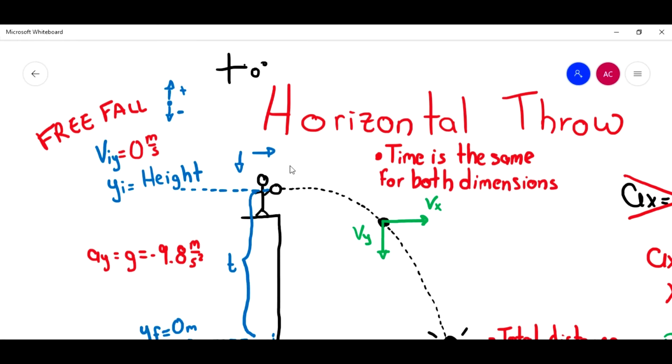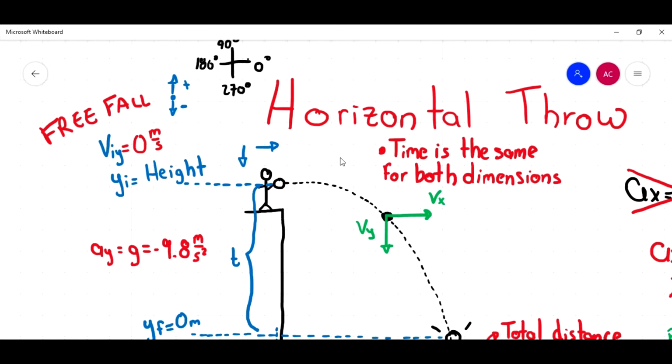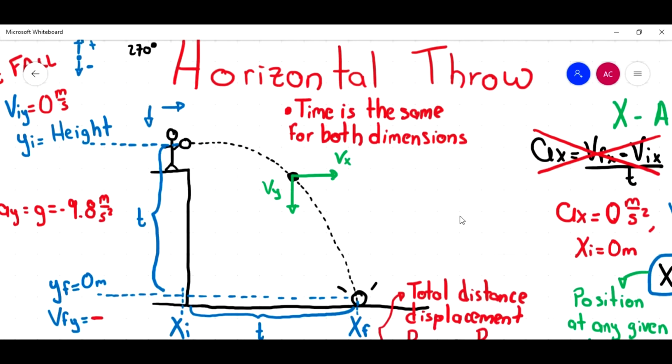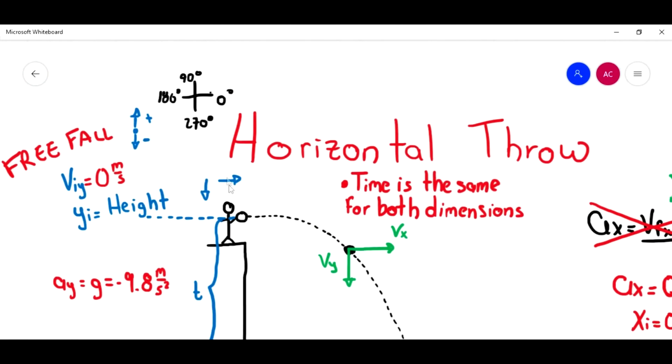This is 0 degrees, this is 90 degrees, this is 270, and this is 180. A horizontal throw means that the person is going to throw the object at 0 degrees or 180 degrees, and that is the case if this person throws the object to the left. Remember, in the reference system, everything that goes to the left will be negative. That's why we are always supposing that our problems begin from left to right.